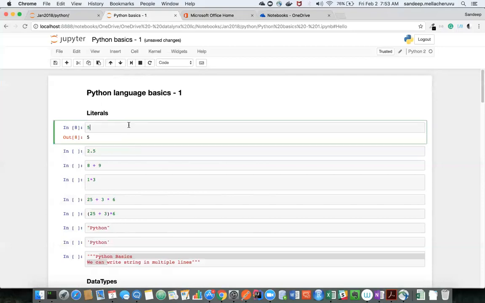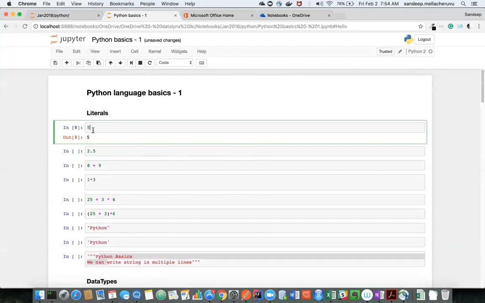Now let's go into Python more than Jupyter for now. Whenever we need anything, we'll come back to Jupyter and understand, because Jupyter is not what we are actually interested in. So in Python, there are different literals. A literal is something like a number or some basic data type, some basic element in Python.